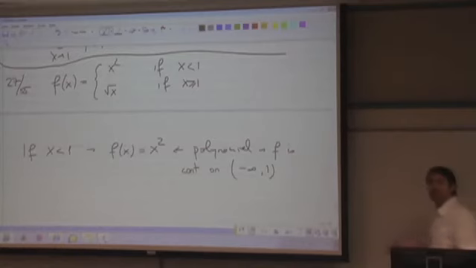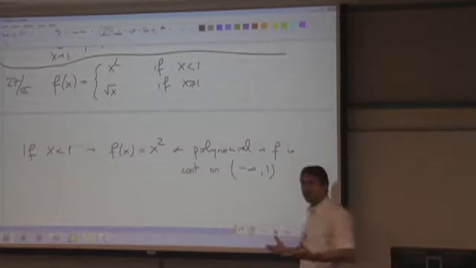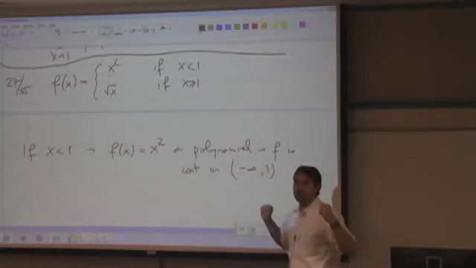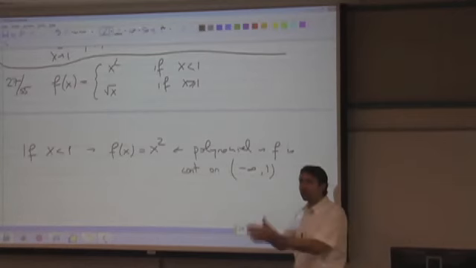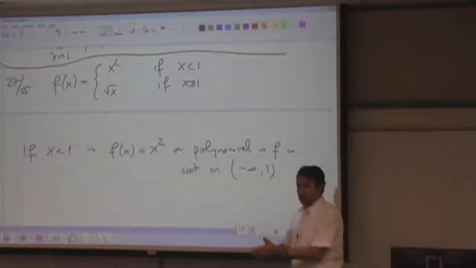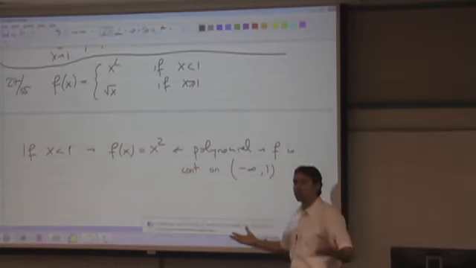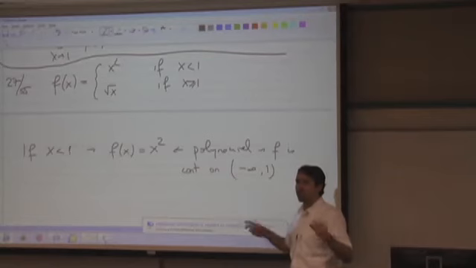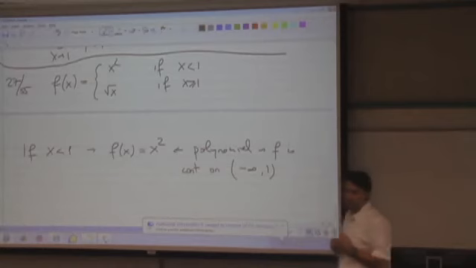Well, you have to. The whole point is you're trying to show that f is continuous everywhere. The fact that you're looking at 1 is nice and it's good. But you have to acknowledge the fact that outside of 1 you have these so-called elementary functions, and you know those are continuous.